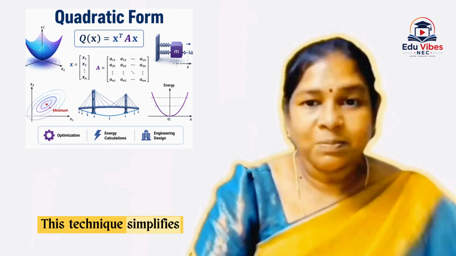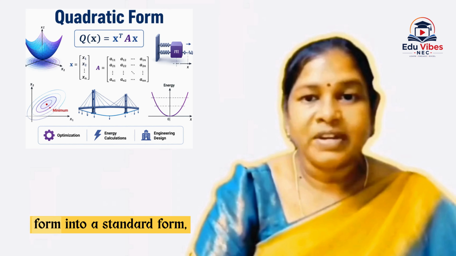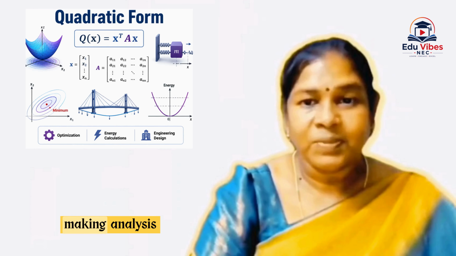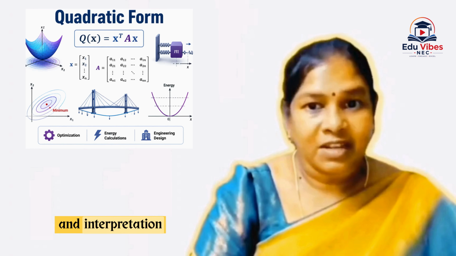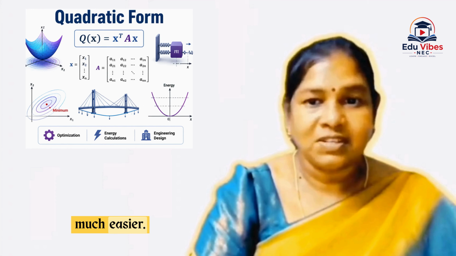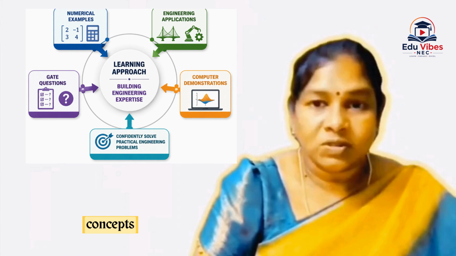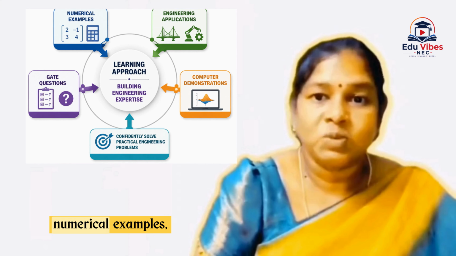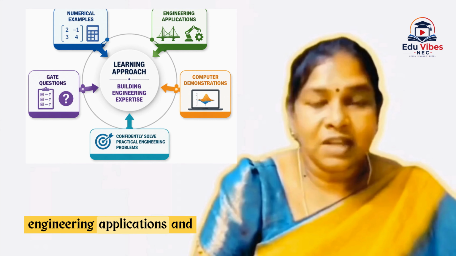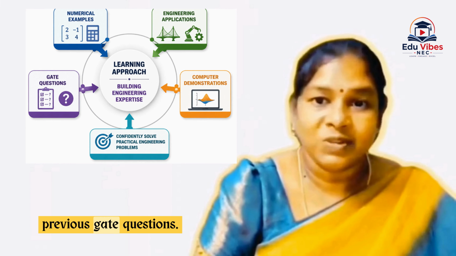This technique simplifies the complicated quadratic form into a standard form, making analysis and interpretation much easier. Throughout this unit, we will focus on understanding concepts through step-by-step numerical examples, engineering applications, and previous GATE questions.